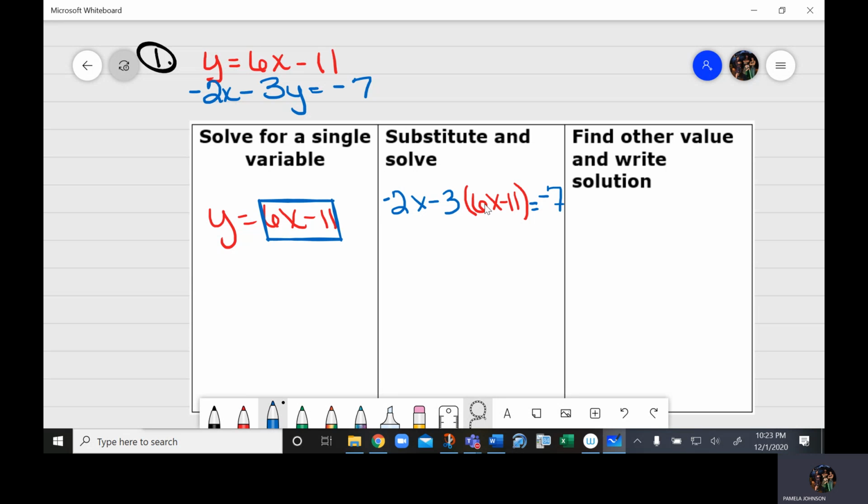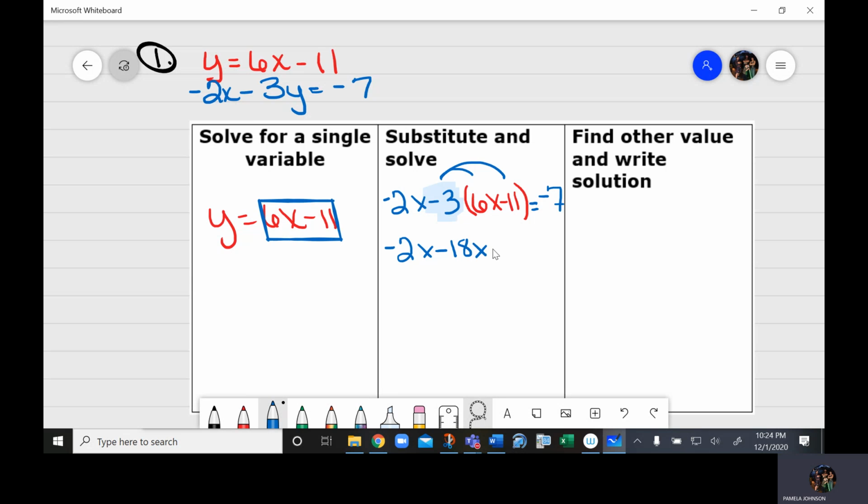So now we need to solve this equation. We're going to start by taking this negative 3 that's right here and distributing it into the parentheses. So negative 2x, negative 3 times 6x gives us a negative 18x.